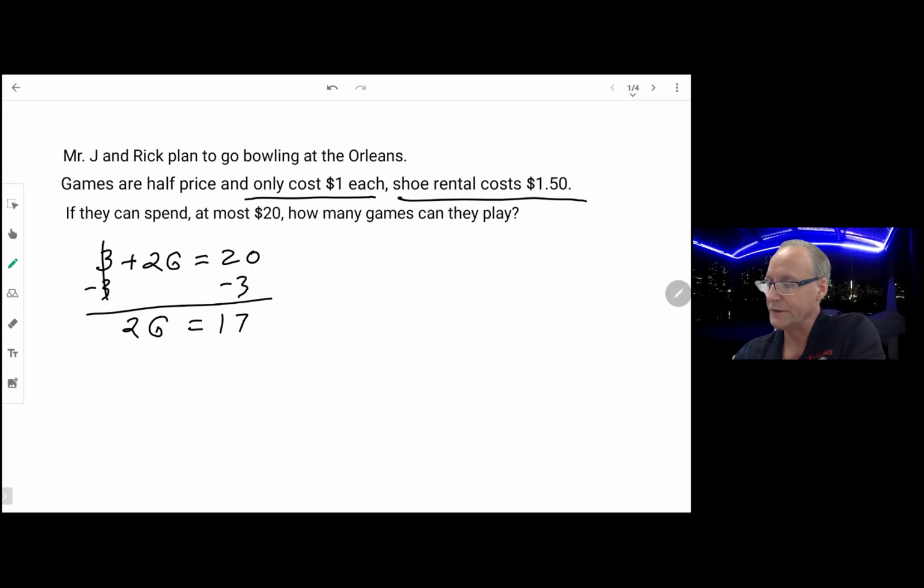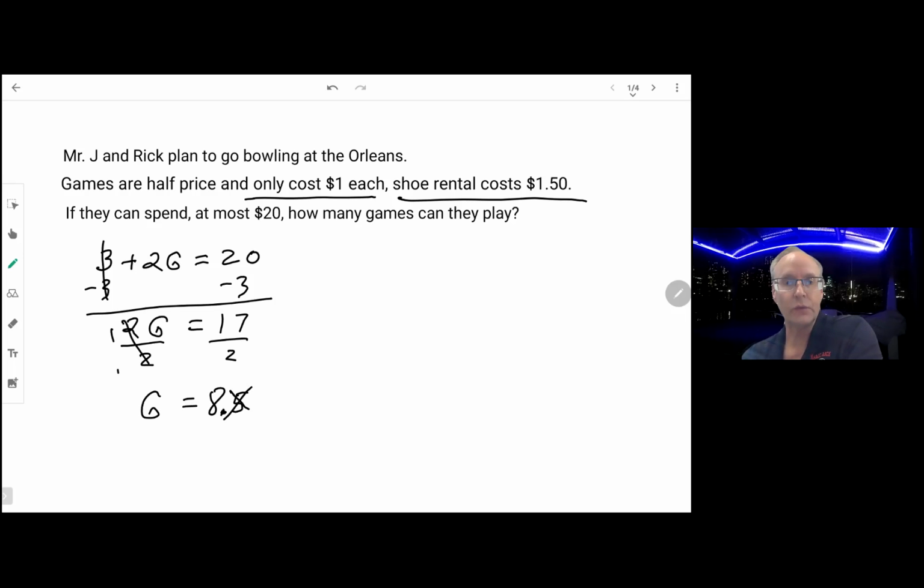Then we're going to divide by 2, and G is equal to 8.5. Well, we're not going to play 8.5 games. We're literally going to play 8 games, and we're going to get some change back. Hopefully, all of this is clear.